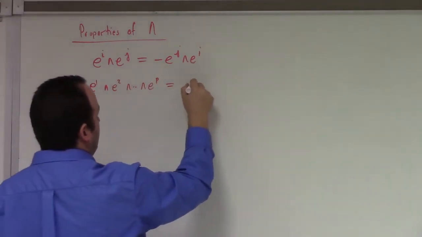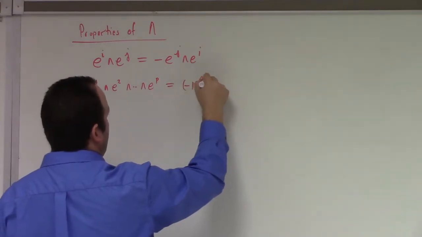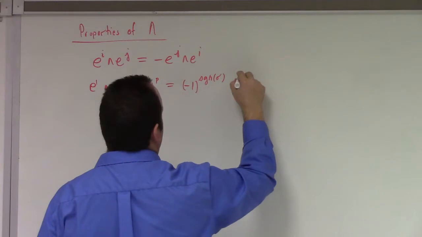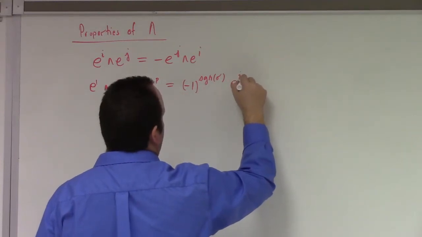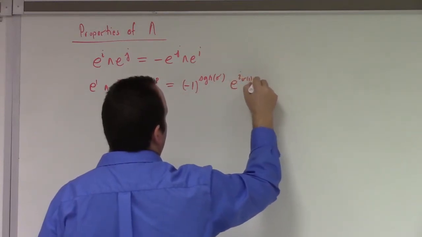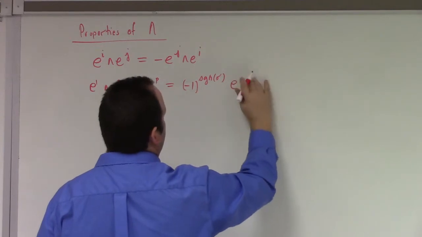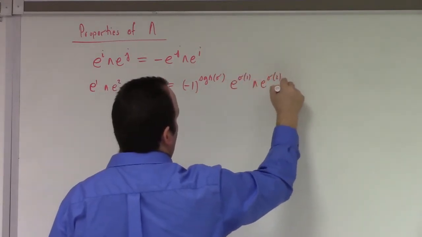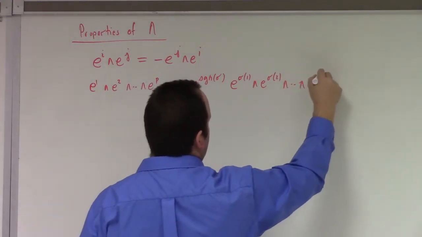Well, that will be minus 1 to the sign of sigma e_sigma1 wedge e_sigma2 wedge, wedge e_sigma p.